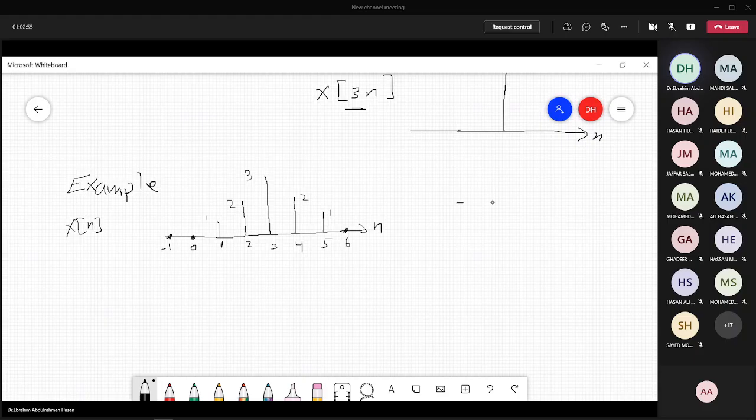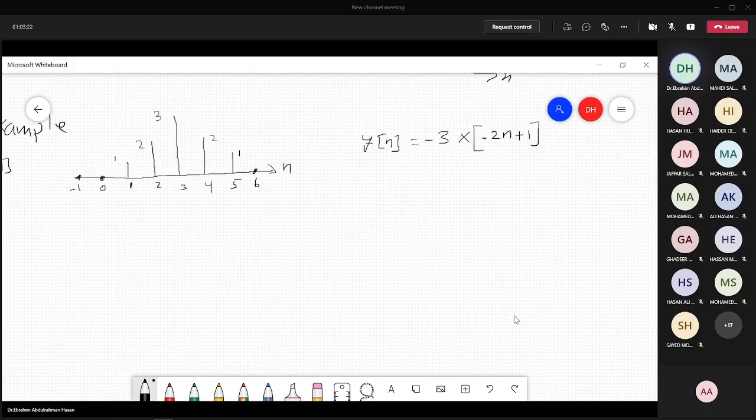But y of n, which is equal to minus 3 x of minus 2n plus 1. The weight is exactly the same.